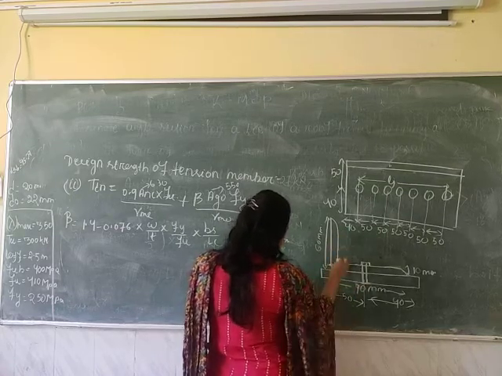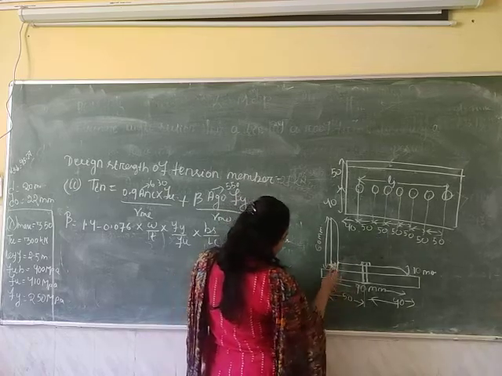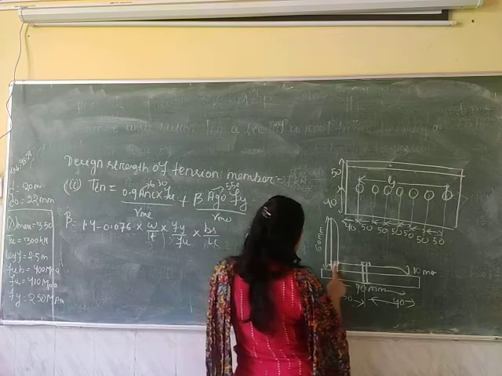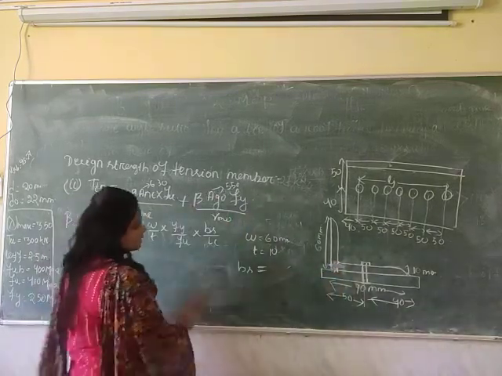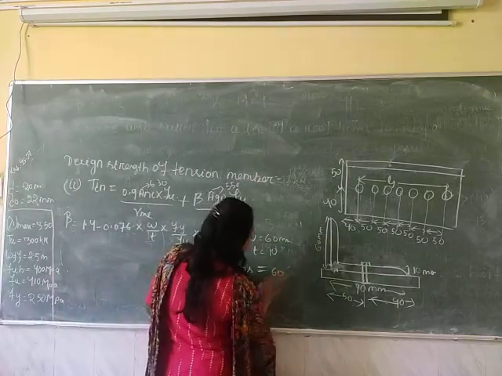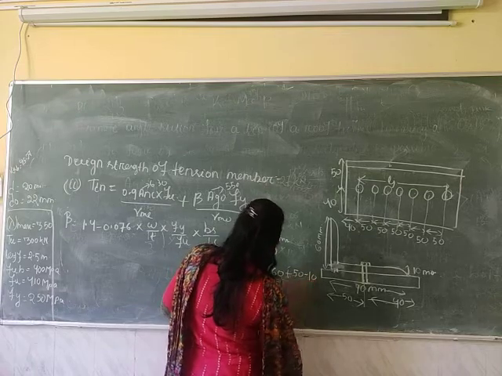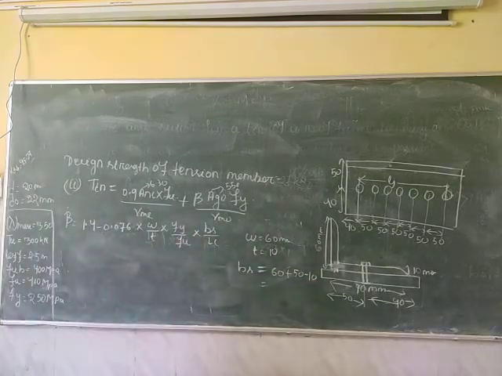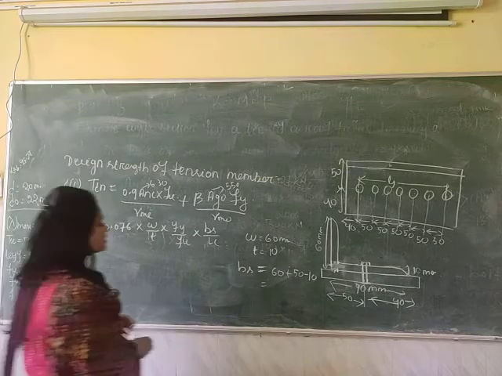Here also this thickness is coming, and when we are taking this 50 mm, here also this thickness is coming. So we have to deduct this thickness once. So 60 mm plus 50 mm minus 10, so this is our shear lag width.